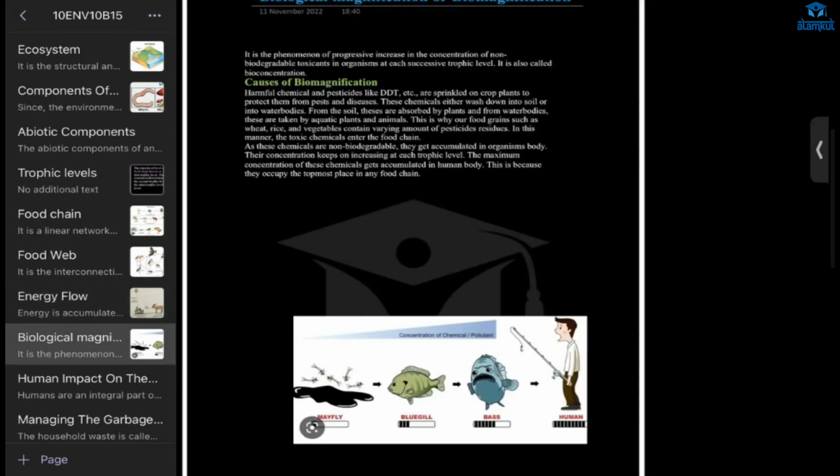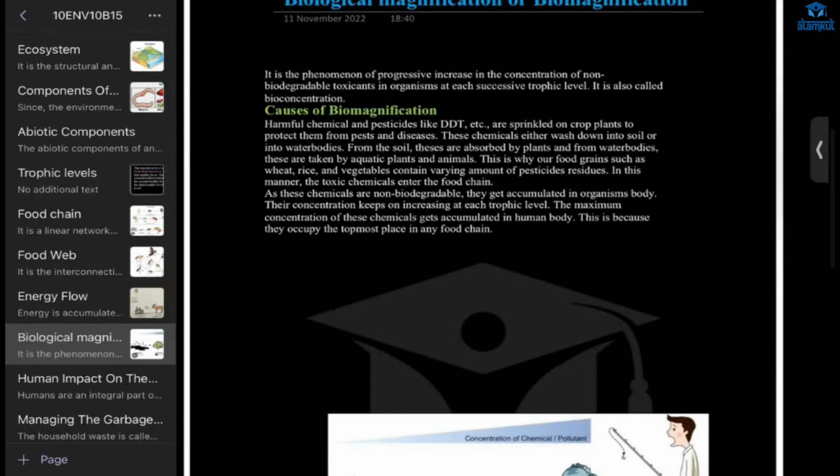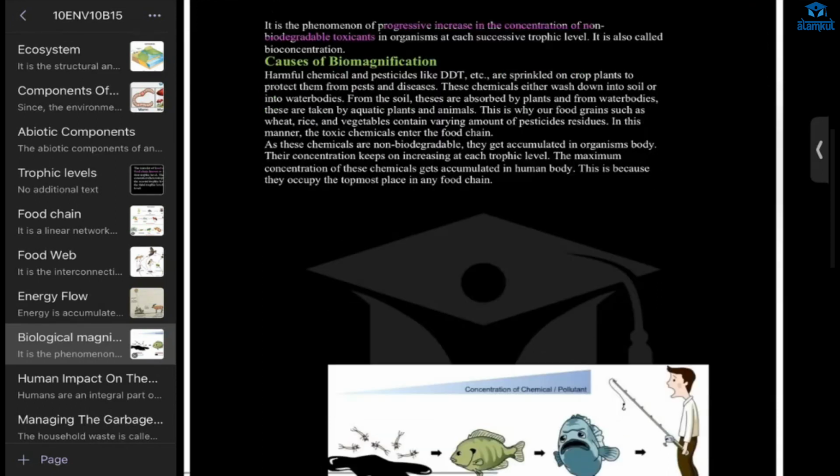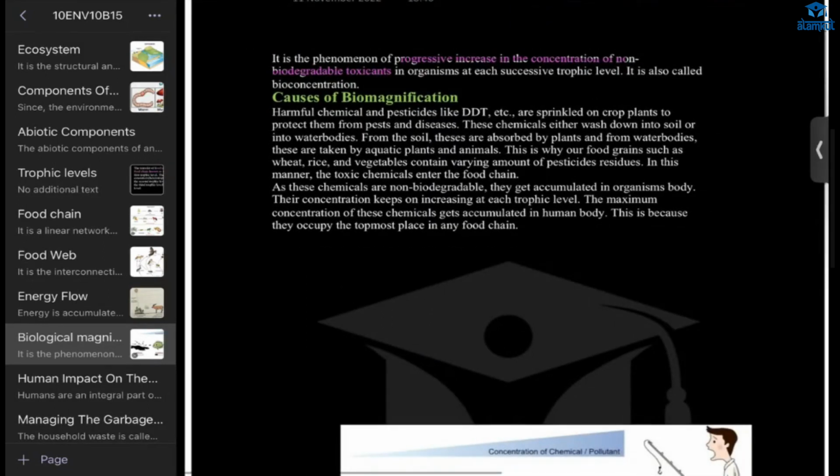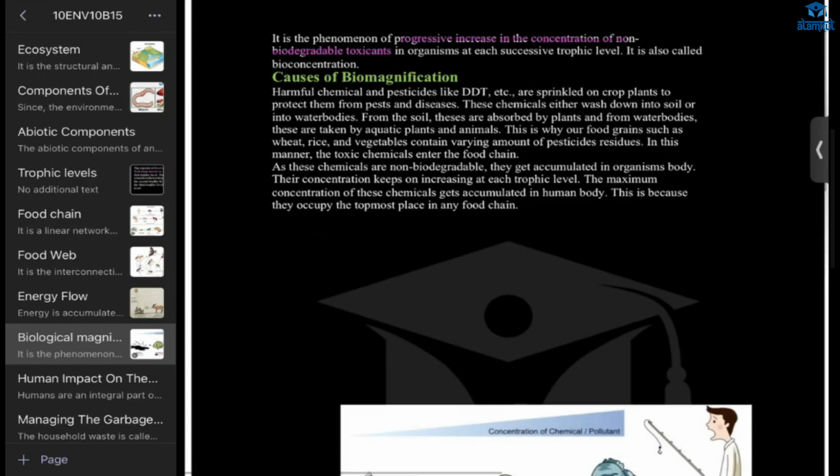Now, biomagnification. It is the phenomenon of progressive increase in the concentration of non-biodegradable toxins. These are chemical pollutants which pollute the environment. They are non-biodegradable, that means they cannot be degraded by microorganisms or worms.